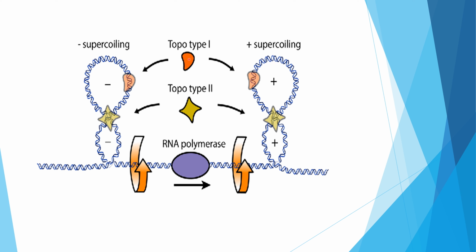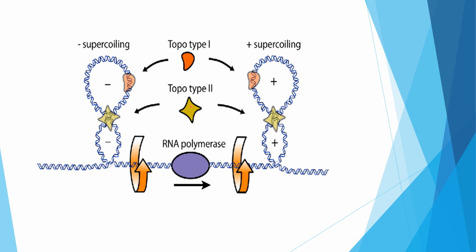This is the topoisomerase type 1 enzyme, which cuts the single DNA strand to overcome the supercoiling and reseals the strand again.